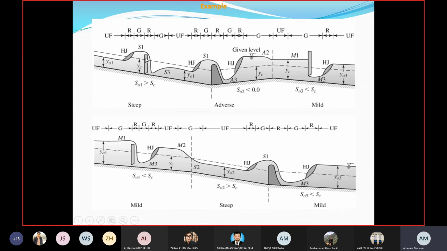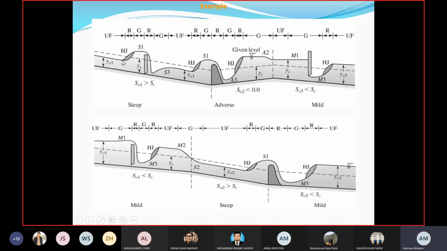you are seeing the control section here. Okay, and the flow is uniform, and when the uniform flow depth is less than the critical flow depth, it means the flow is supercritical flow here.